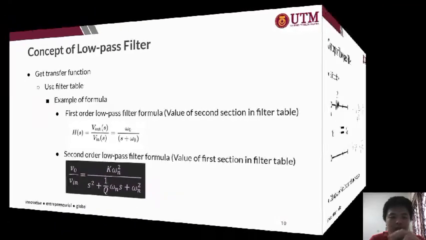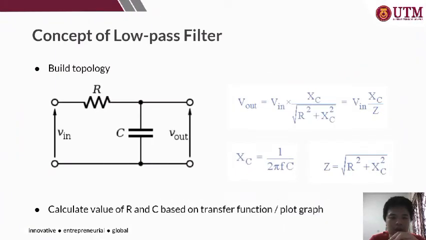Once we already know the transfer function, we can start to build our topology. And the last step is we can start to calculate the resistance and capacitance for our topology, and we can also plot the graph.